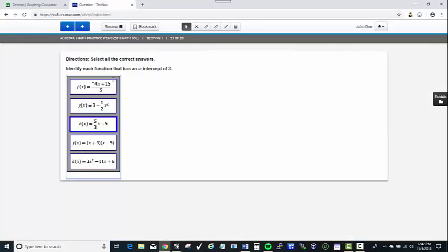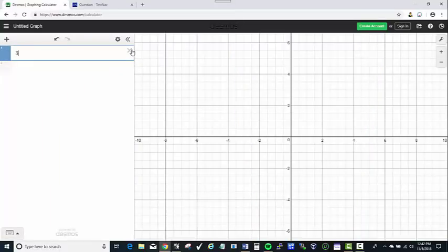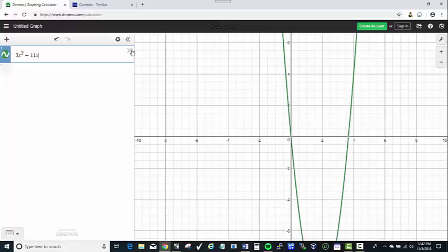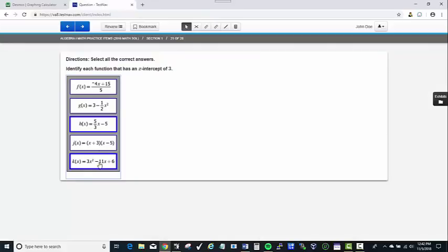So that one's not it. Then this one is 3x squared minus 11x plus 6. And we see an x-intercept of 2/3 and 3. So that one fits. So we'll highlight number 3 and number 5.